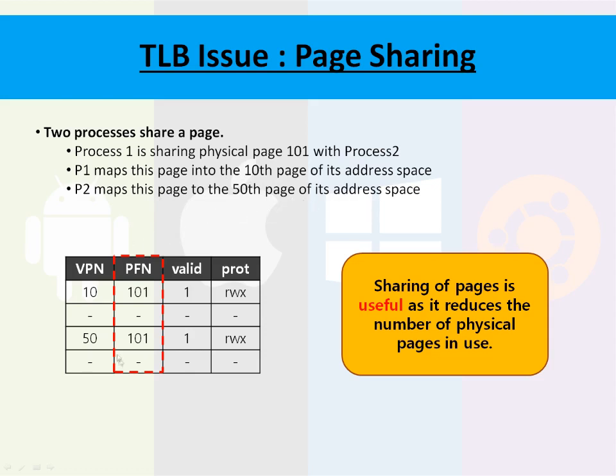So now we have another issue: we have duplicate page frame numbers in our TLB. Sharing of pages is useful as it reduces the number of physical pages in use, but when it comes to TLB hit or miss, this becomes an issue.